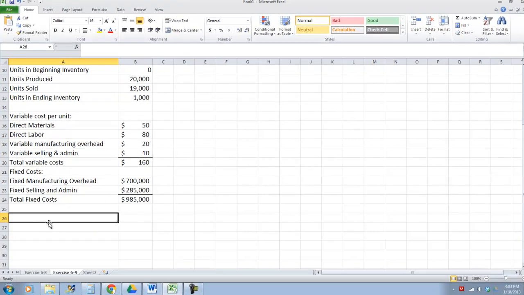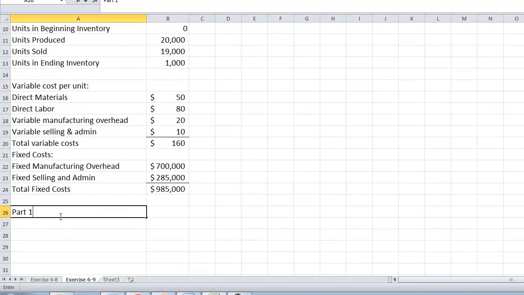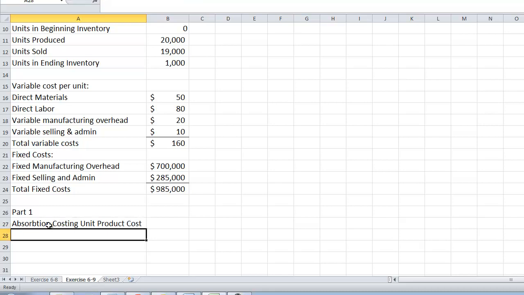Alright, so part 1, absorption costing unit product cost.